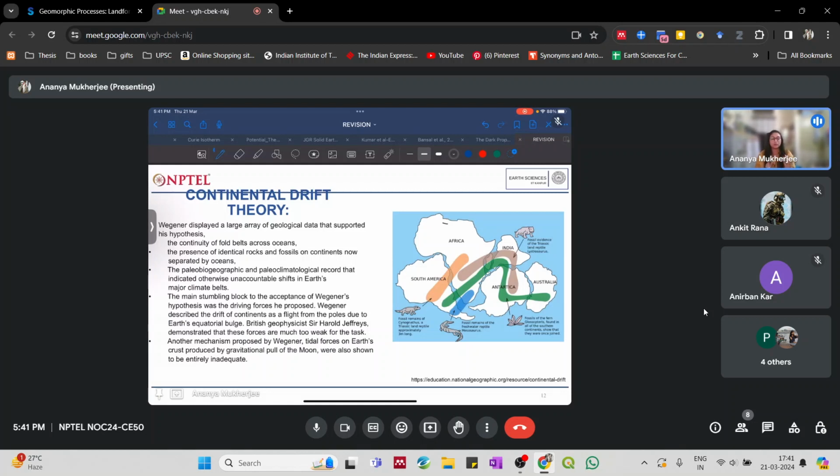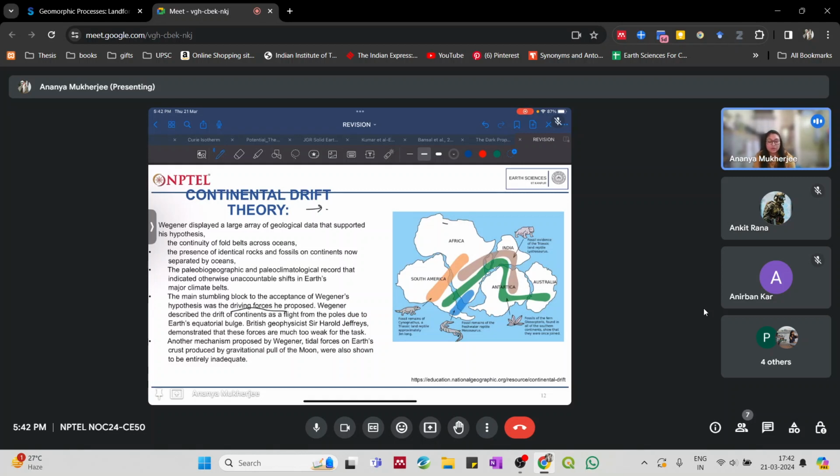It was the first theory that tried to explain how the continents have drifted apart, but it was not sufficient, as you can read over here. The driving forces proposed by Wegener were not enough in magnitude to justify the continental drift theory.